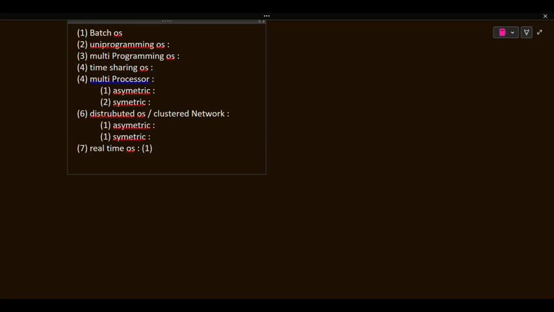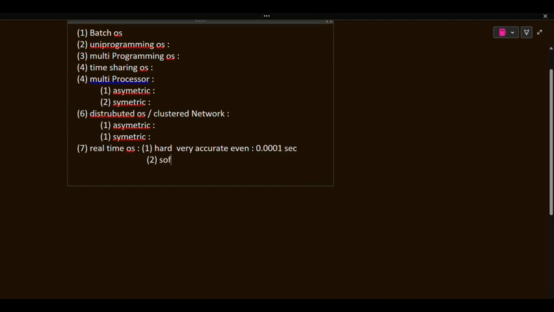Real-time operating systems are divided into two types, hard and soft. The hard version is very accurate, even in point one seconds.